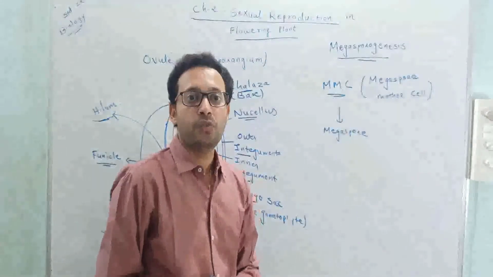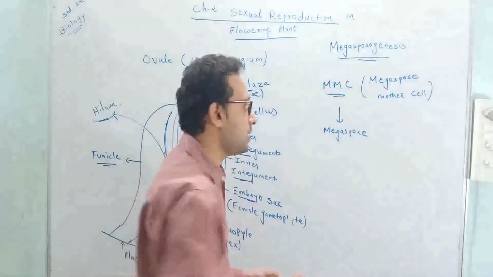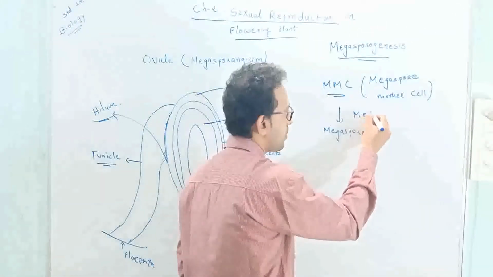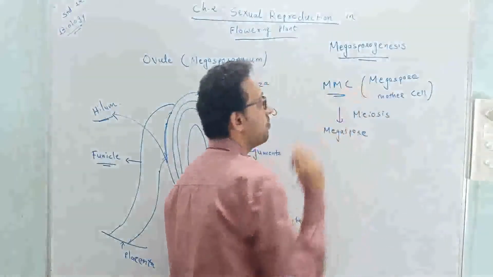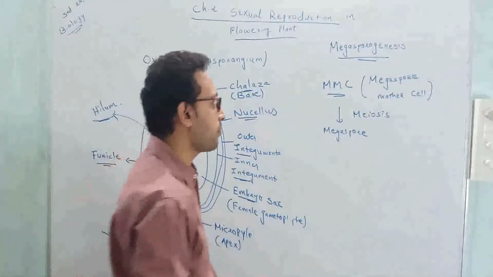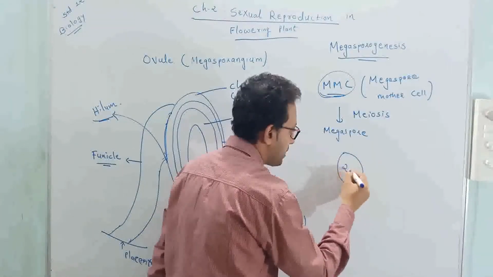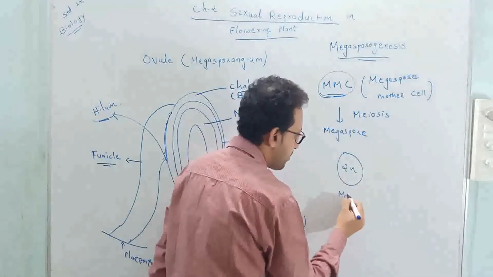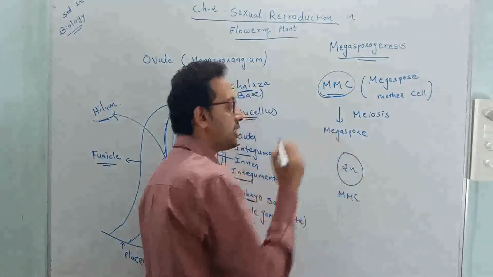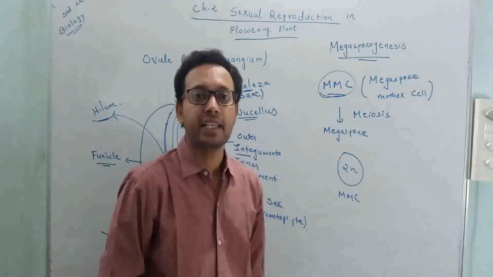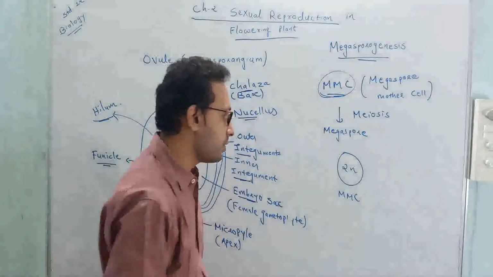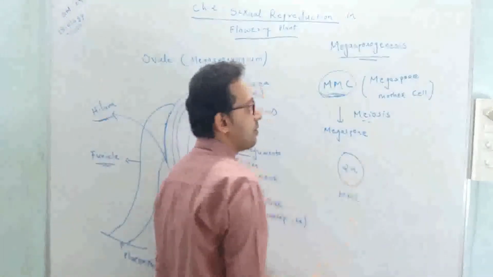This megaspore formation is achieved by the process of meiosis. Let's see. This is a megaspore mother cell; I draw just a megaspore mother cell. It is diploid in nature, meaning it contains 2n chromosomes. It divides by meiosis.